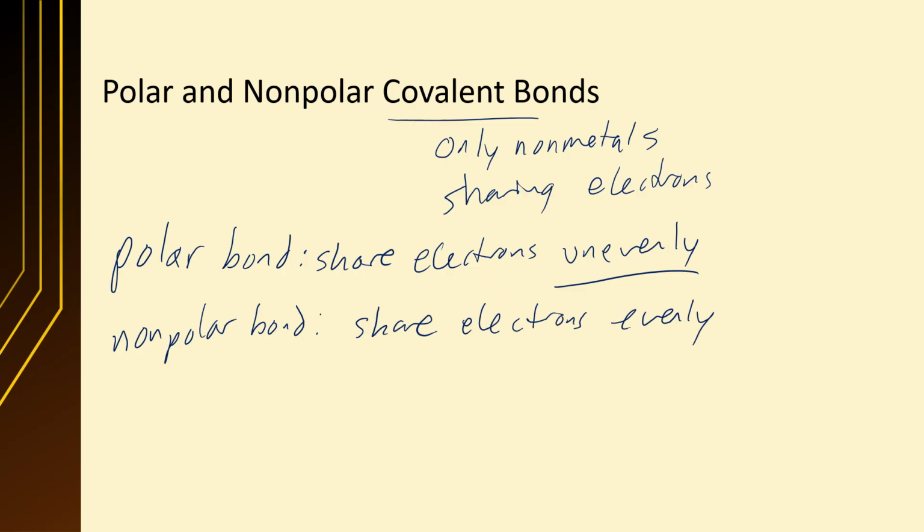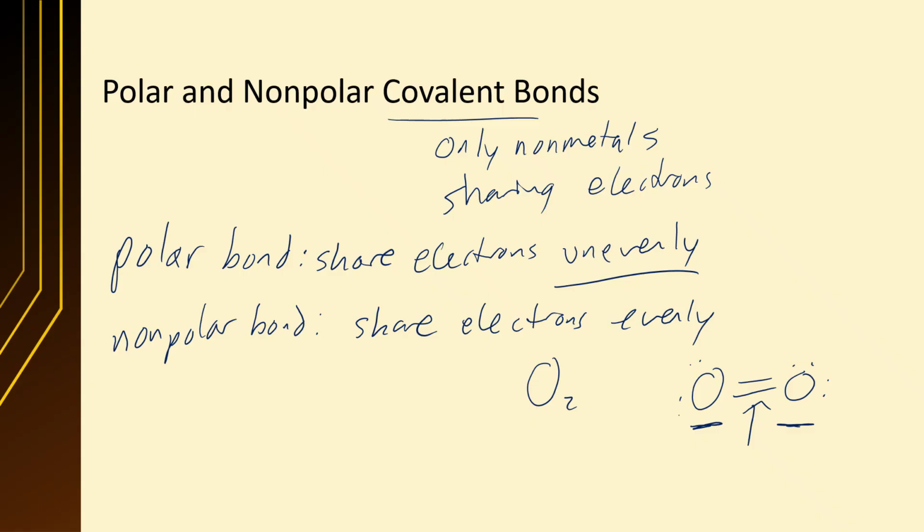So a good way to check is to look at the different types of elements involved. If you have two of the same element, like oxygen gas, oxygen is going to form a bond, well, it's really a double bond between the two oxygen atoms. But since they are both oxygen, the same type of atom, they're going to share the electrons evenly.